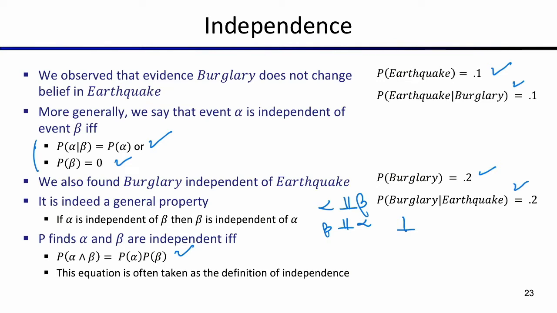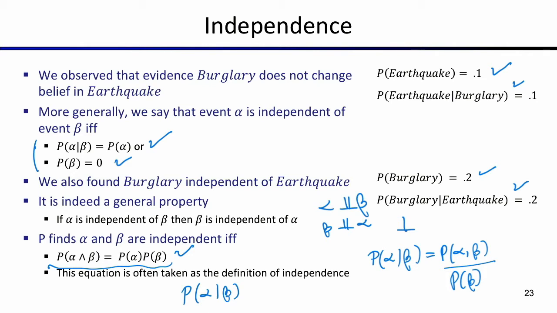If you think that the probability of alpha given beta is equal to the probability of alpha and beta divided by the probability of beta, right? And if these two events are independent, we can take this property here, and you're going to write that the probability of alpha given beta is going to be equal to the probability of alpha times the probability of beta divided by the probability of beta.